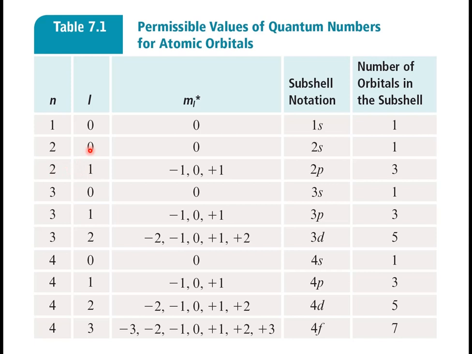For when L is equal to 0, M sub L can only be 0, and that's a 2s. When L is equal to 1, this is still 2 here, it can be minus 1, 0, and 1. So there's 3 orientations. So you notice that if I count these numbers 1, 2, 3, that's going to end up here. If I count this number, it's only 1. That's what counts up here.